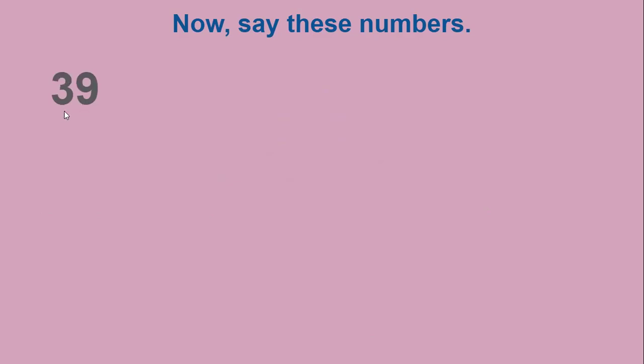It's 30 plus 9. So 30, a multiple of 10, plus 9, the basic number. So it's 39. So when you say it as a single number, as one number, it's 39.